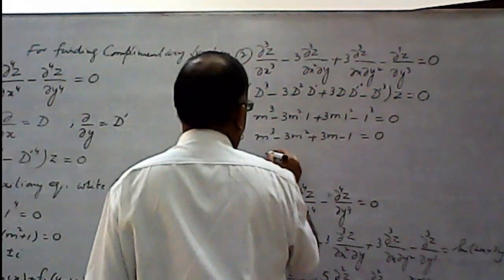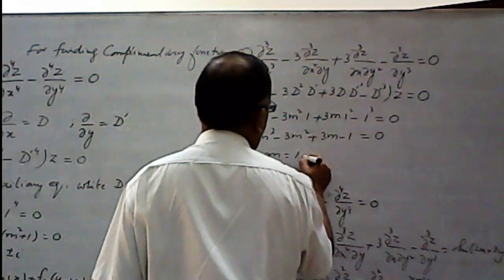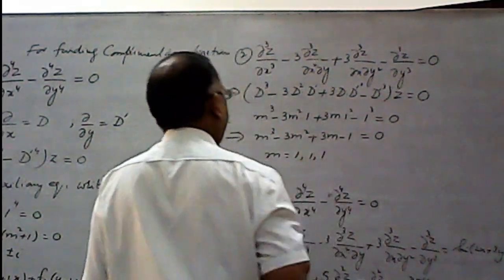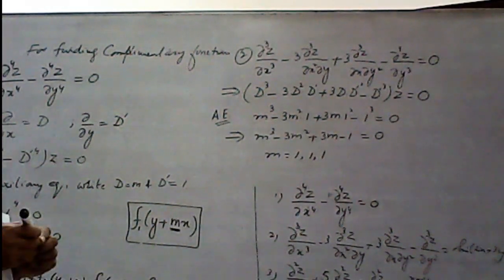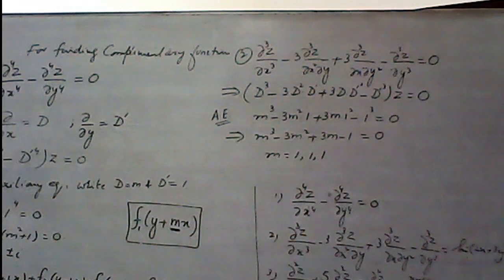So it means we have m equal to 1, 1 and 1. Here all three roots are 1, 1, 1, meaning we have repeated roots.